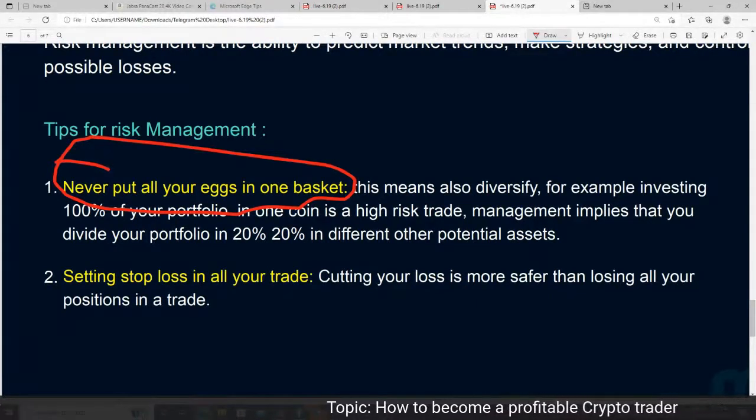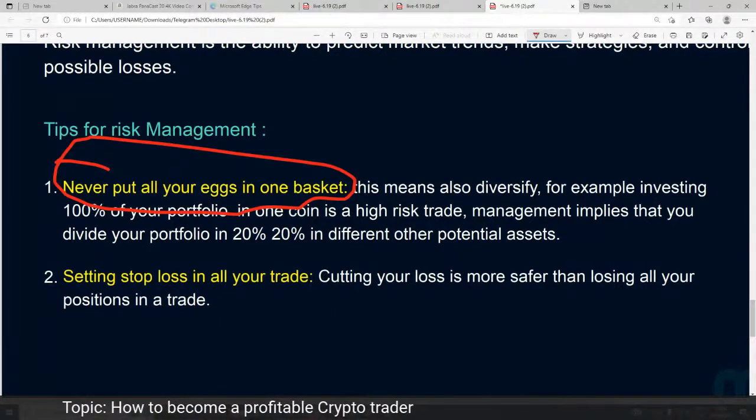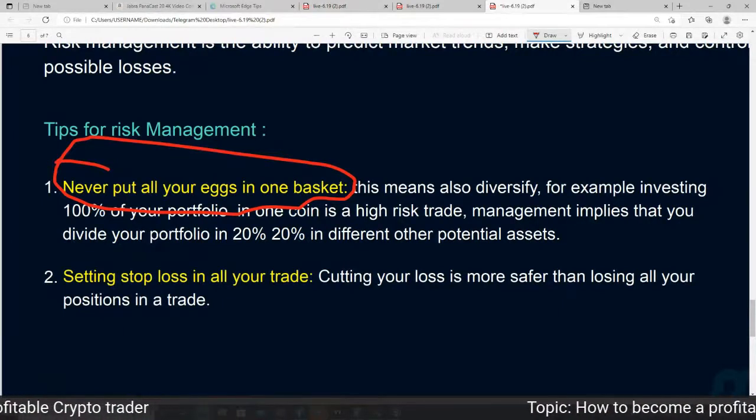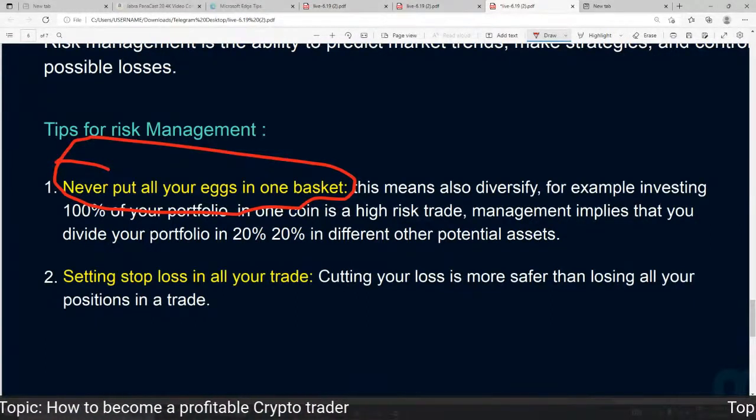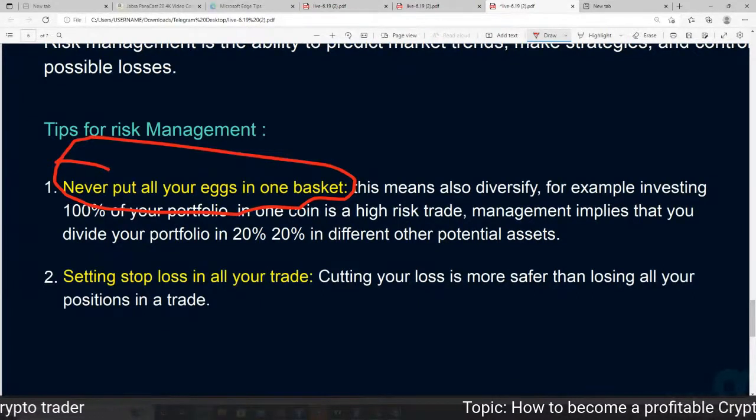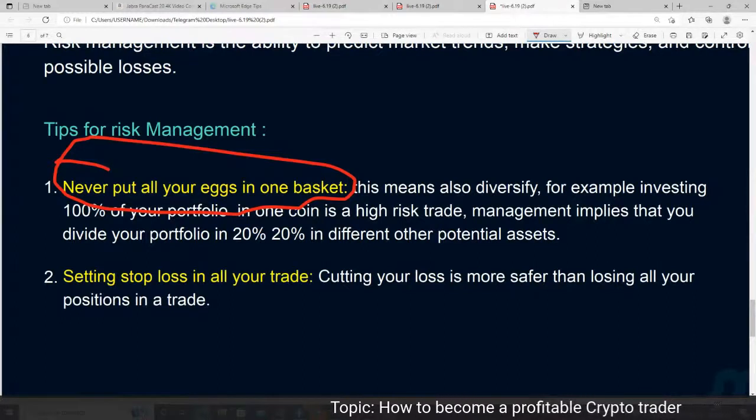Then you rush to your bank, to First Bank or UBA, asking for your money, and you deposit it and all of a sudden, everything starts falling. They pump you and dump you, and you come out and say that crypto is a scam. No. Learn how to manage your risk very well, and you will be a profitable crypto trader.